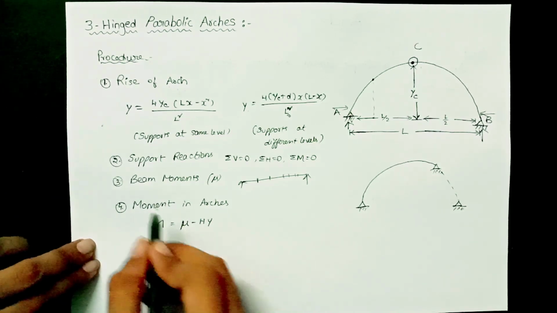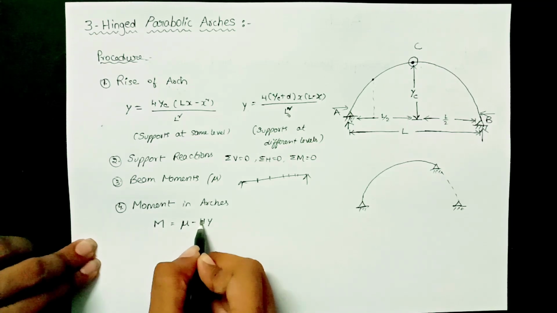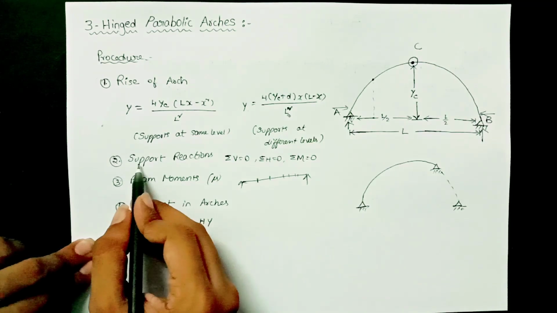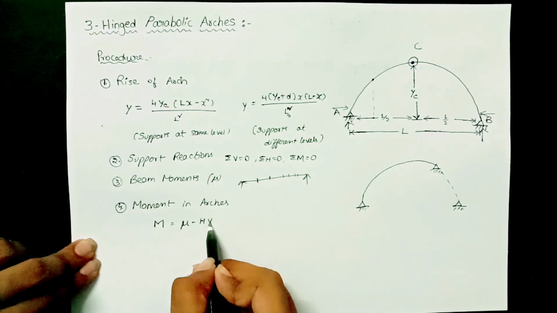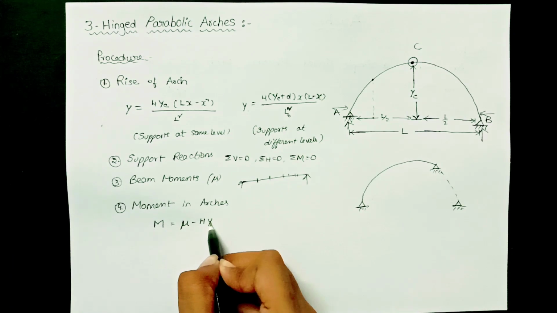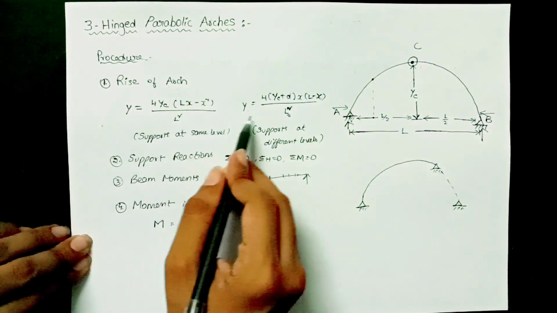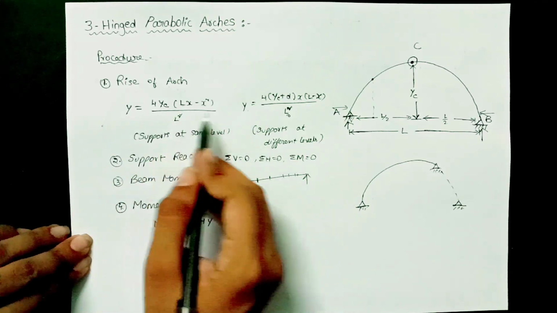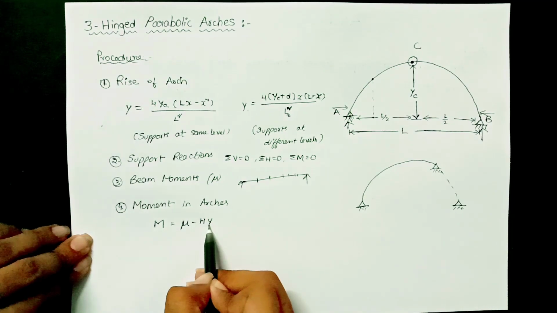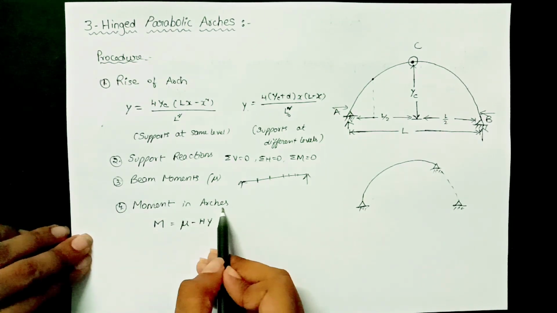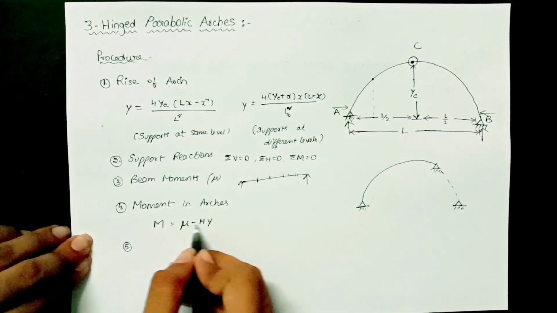Mu is calculated in the third step, H is the horizontal reaction, which is obtained in the second step, and y is the rise at that point. The rise at that point can be calculated from step 1, whether the supports are at the same level or at different levels. You substitute the y value here and you get the moment in arches. Similarly, we have to calculate it at every point.